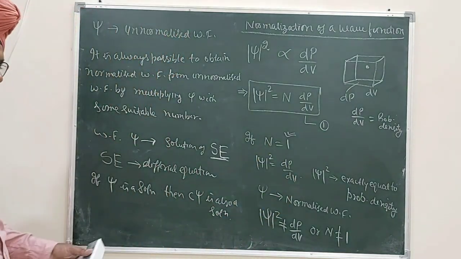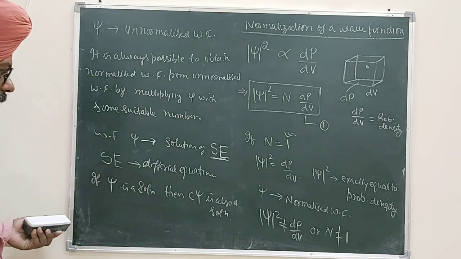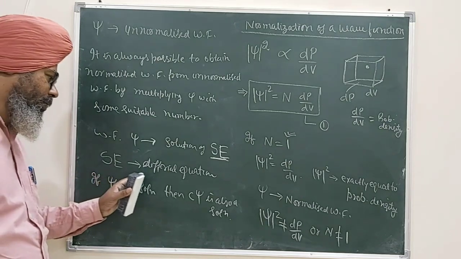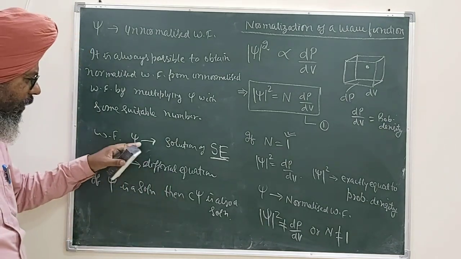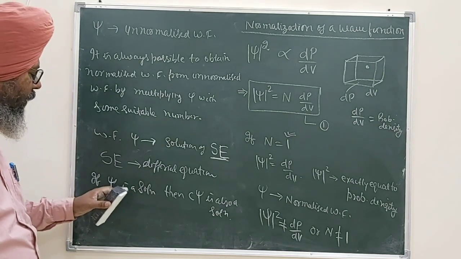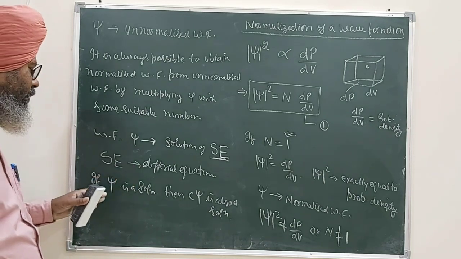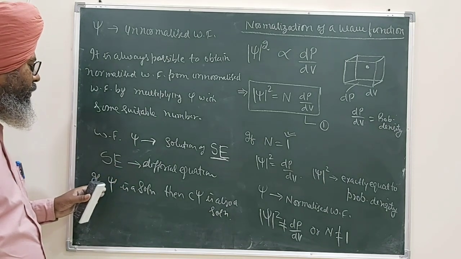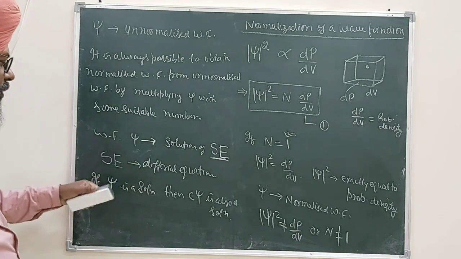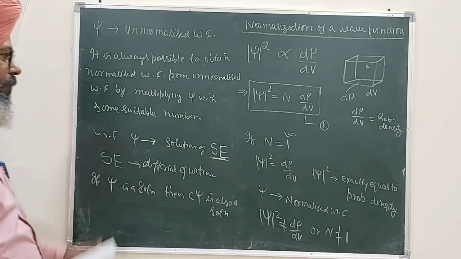If it is not equal, then my wave function will not be a normalized wave function. However, Schrödinger equation is a differential equation. I can multiply psi with some constant, and that constant multiplication will still make the new wave function a solution of the Schrödinger equation. And this new wave function, obtained by multiplying psi with some constant, will be a normalized wave function.